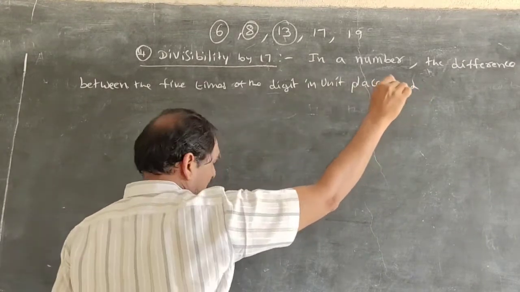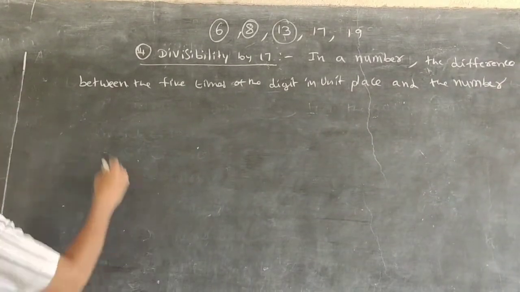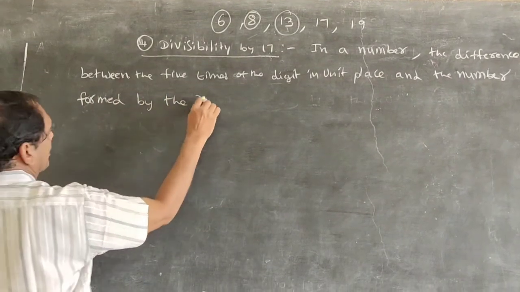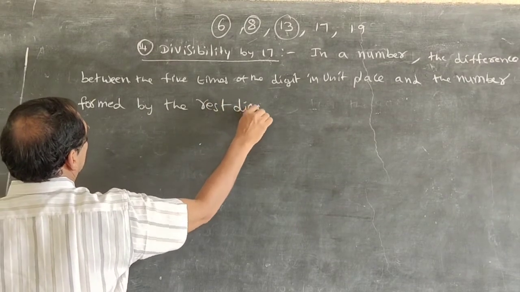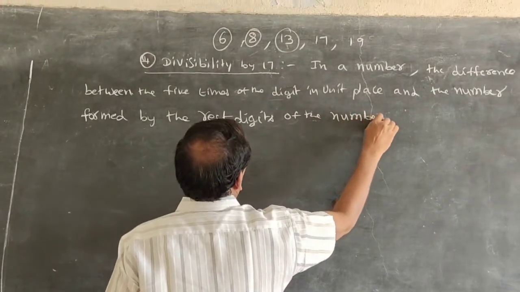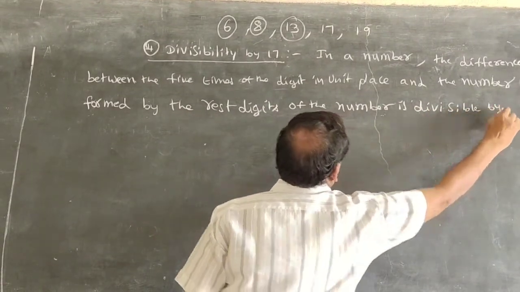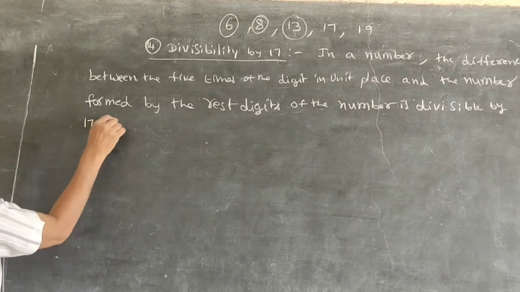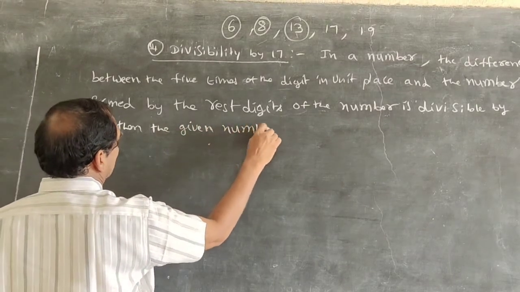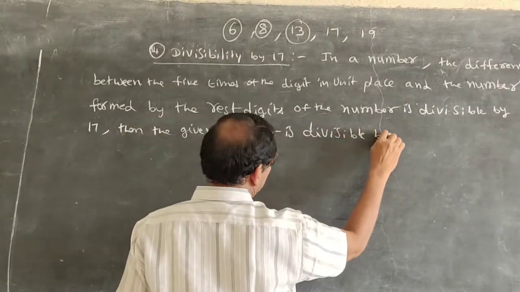and the number formed by the rest of the digits of the number is divisible by 17, then the given number is divisible by 17.